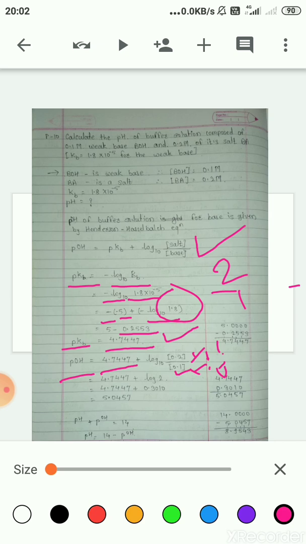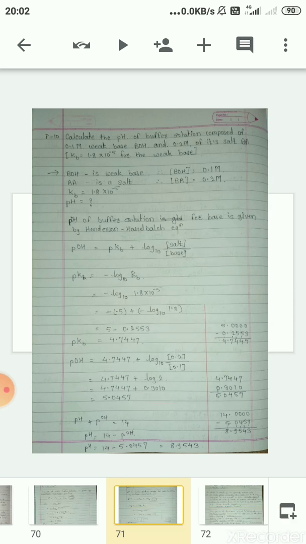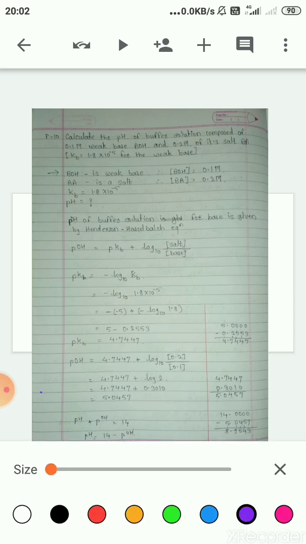So 4.7447 plus log 2, and the value of log 2 is 0.3010. Therefore the value will become 5.0457. Now here we got the value of pOH.